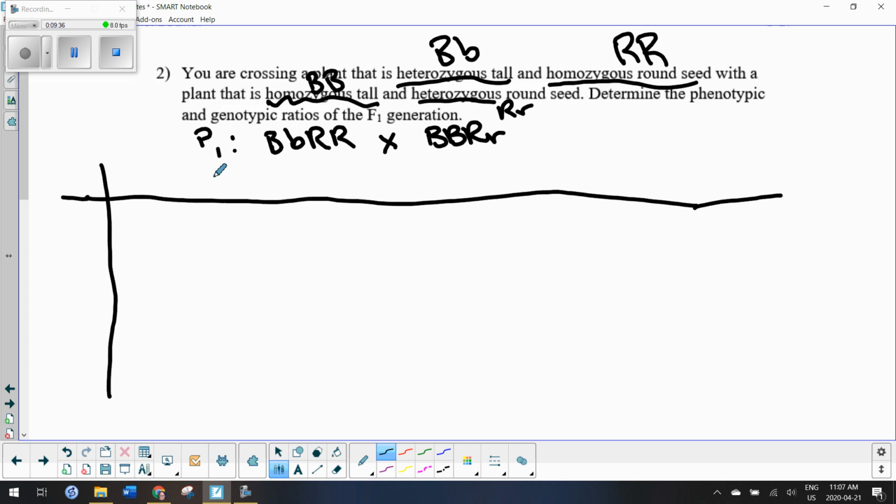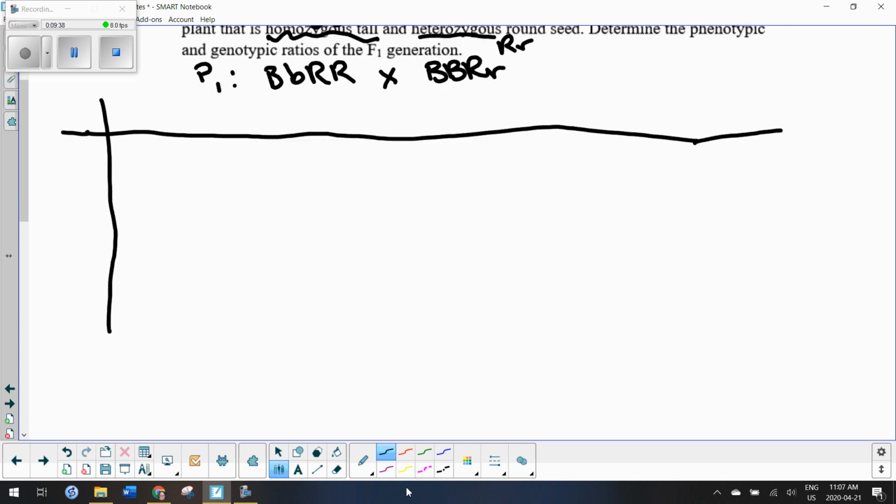Okay, so FOIL. Let's start with our first parent first. Big B, big R. Okay, O is next, or outside, big B, big R. Inside, little b, big R, and last.